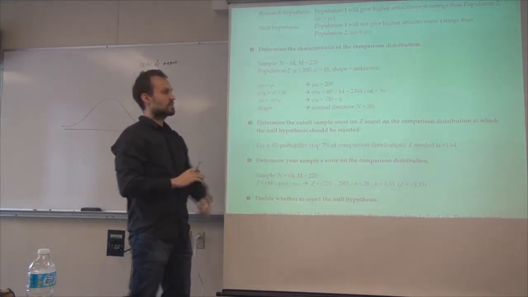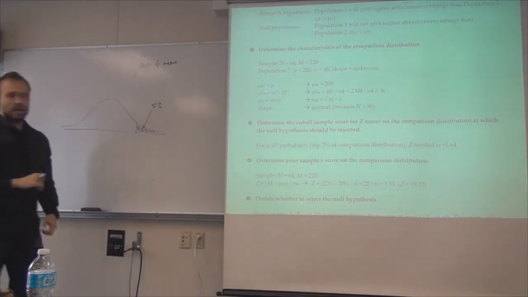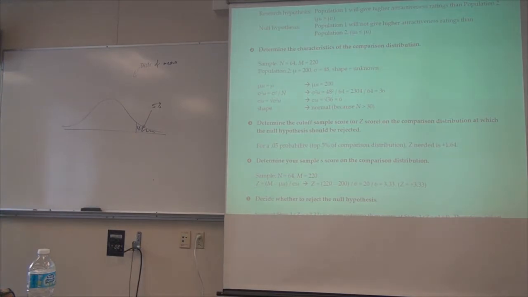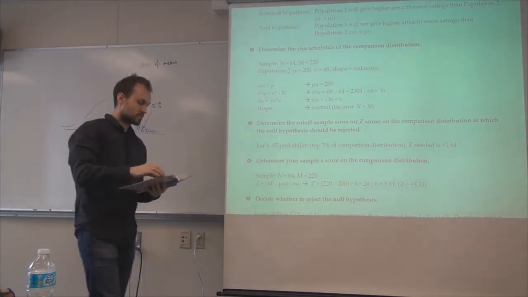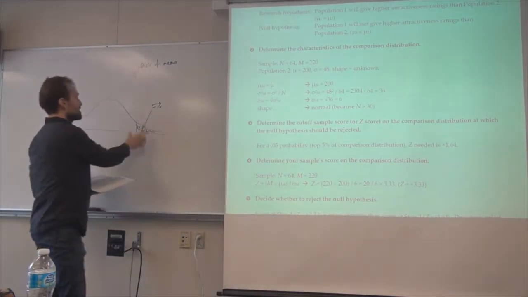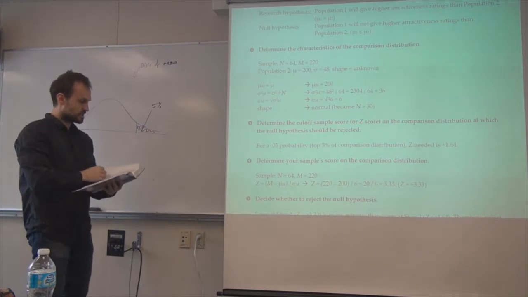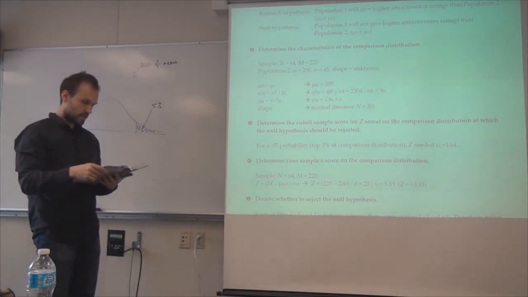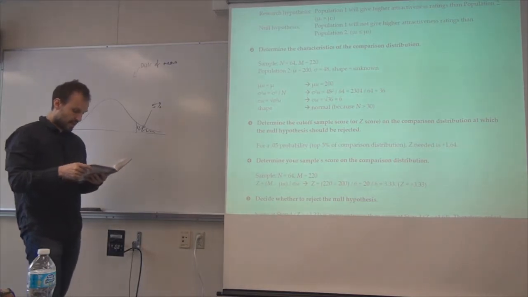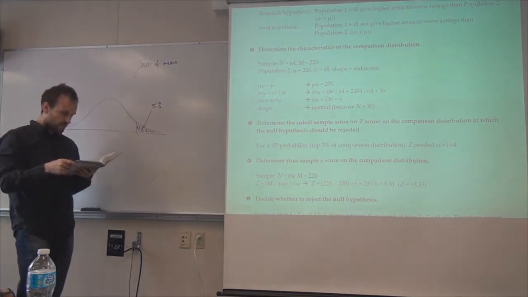Let's do 5% this time. And let's just double check that I get the right z-score from my table. I'm looking for 5% in the right tail. That fits nicely with what my table shows. I'm looking for 5%, page 675.